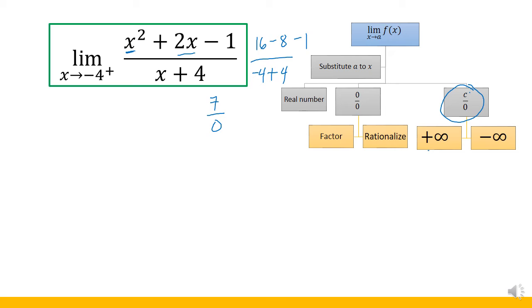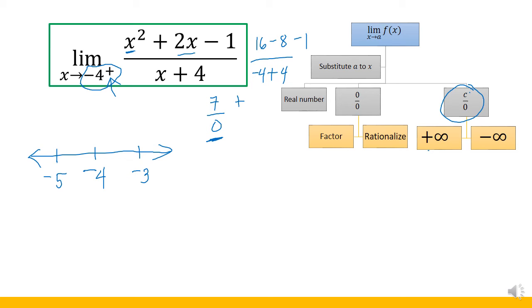But then again, this is already a positive number. All we have to do is determine the sign of our denominator before it became a 0. So again, we take a look at this part. We now focus our attention on the superscript. We're coming from the right of negative 4. Be careful with the negative sign because here we have a negative 5 and here we have a negative 3.